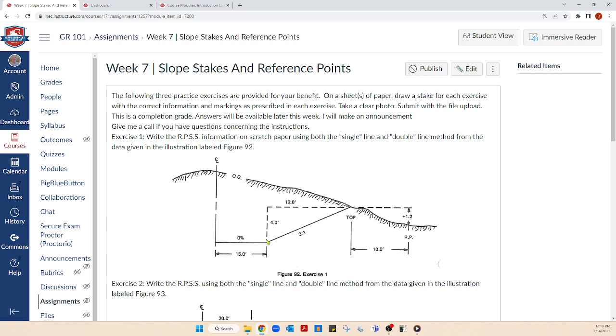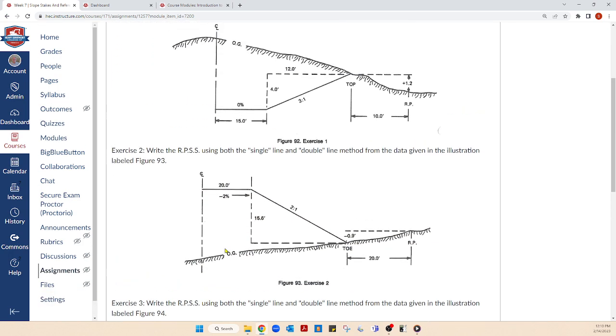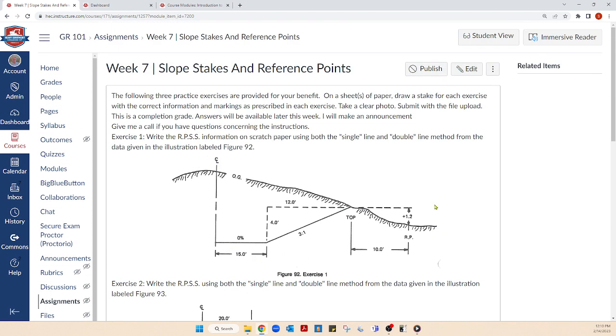The next line would be, and then, I'm using all ands and thens on these so far. And then, see, we're right here, and then level at 15 feet. Single line.